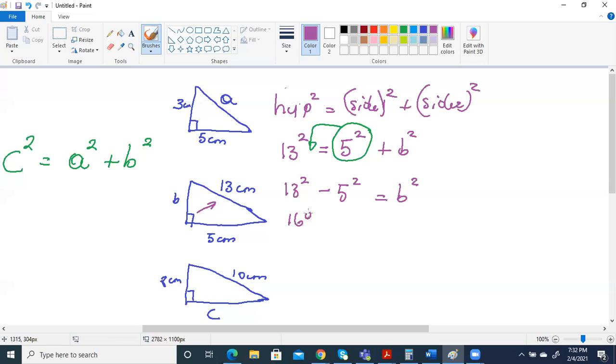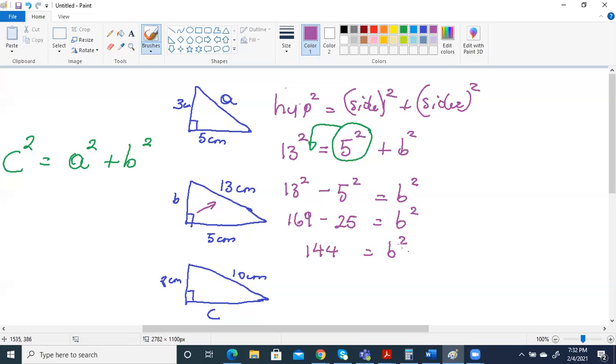And 5 squared is 25. And then 169 minus 25 gives us 144 equals b squared.